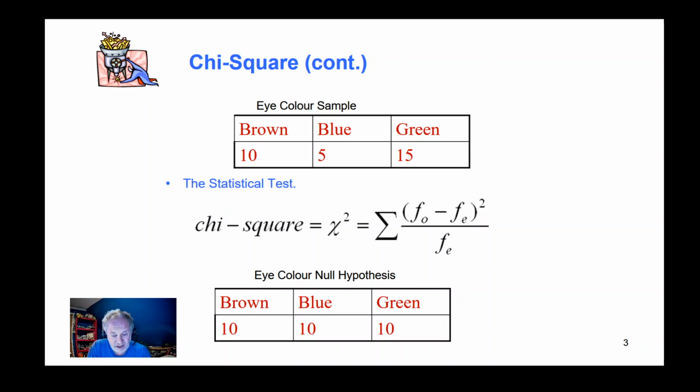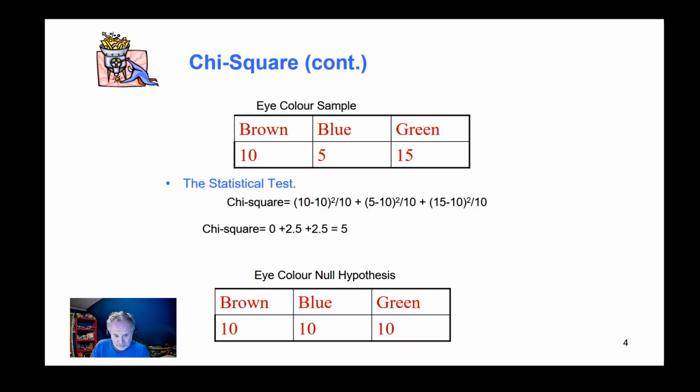So for each of my eye colors, I take the observed frequency, subtract from it the expected frequency, square it, and then divide by the expected frequency. The top table is the observed. The bottom table is the expected. So for the brown-eyed part of the sample, it would be the observed of 10 minus the expected of 10, squared, divided by 10, which is 0.